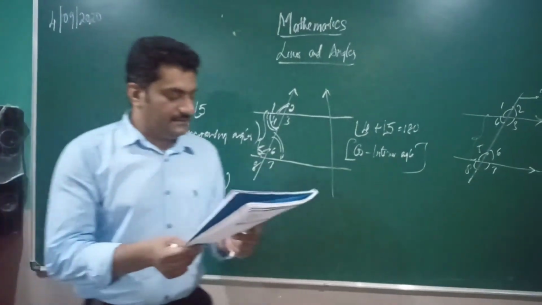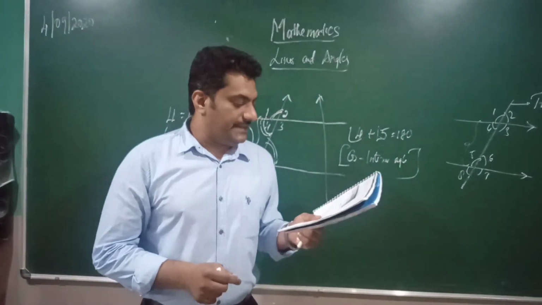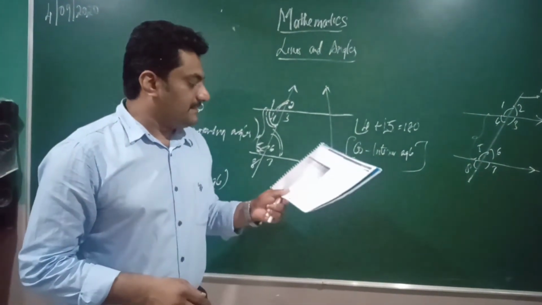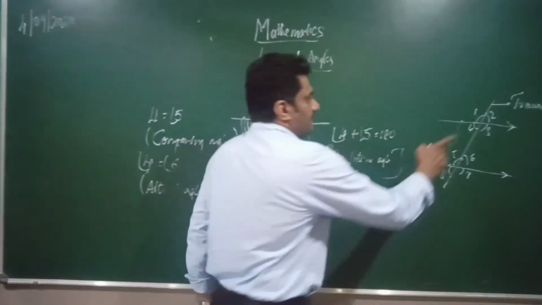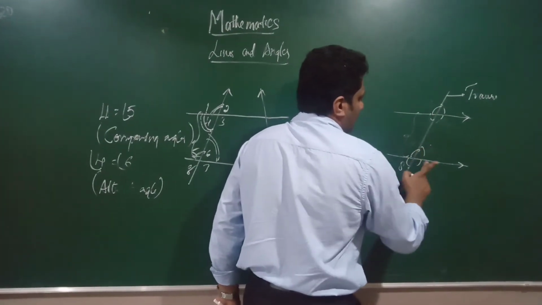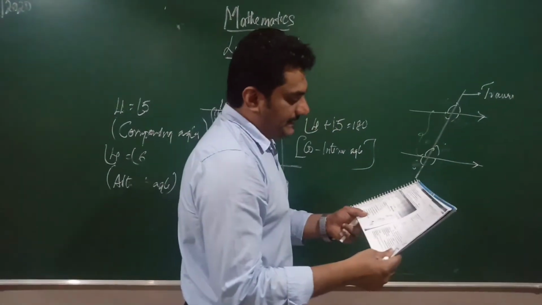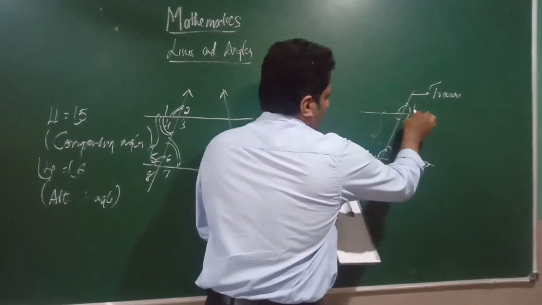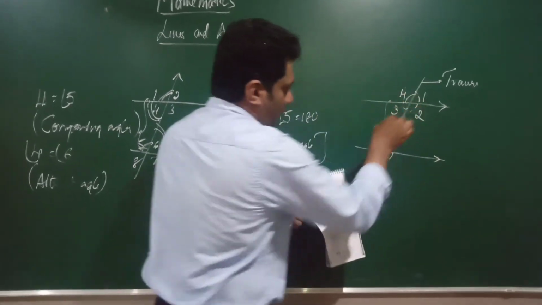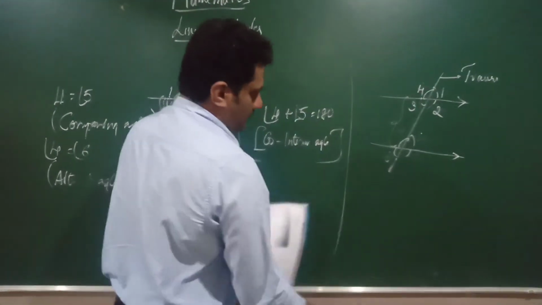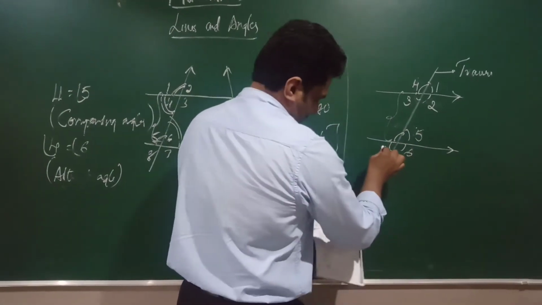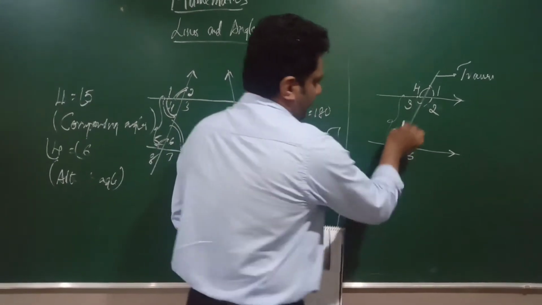In the second, in the adjoining figure, identify the pair of angles. Now in this question, they have given the angles here. Look at the angles: 1, 2, 3, 4, 5, 6, 7, 8.